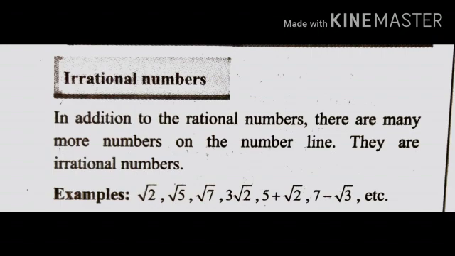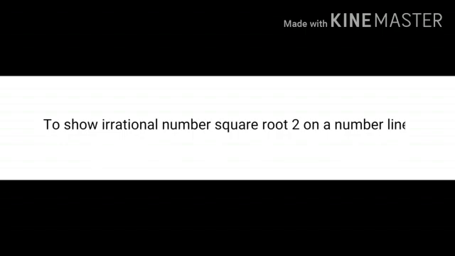For example, root 2, root 5, root 7, 3 root 2, 5 plus root 2, 7 minus root 3 and so on. Now, let us learn to show irrational number root 2 on a number line.